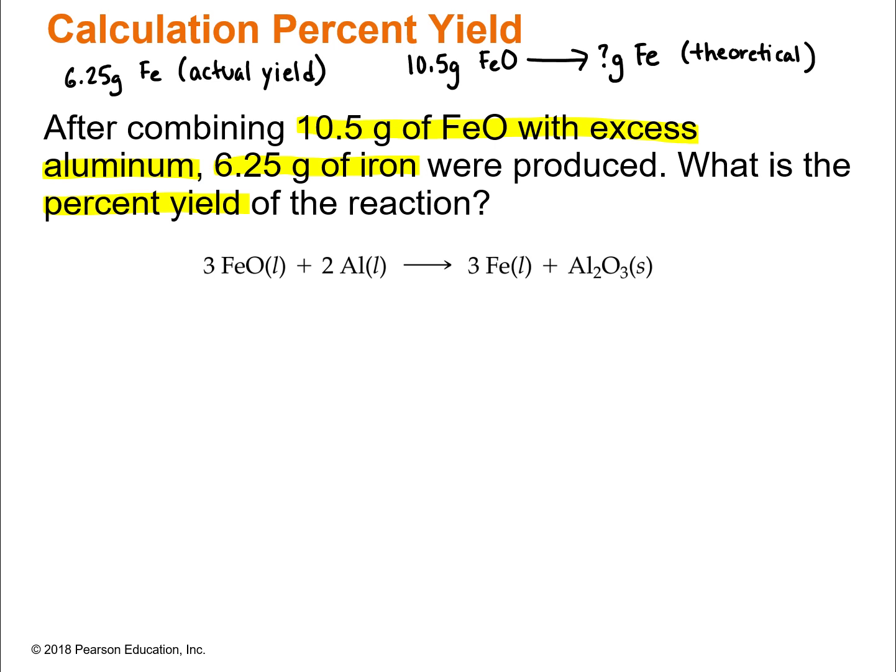For this problem, it's a stoichiometry problem. We're given a mass of starting material, and we have to figure out the mass of the product that we would make if we had 100% yield, which never happens. That makes this a mass-to-mass question on top of percent yield.